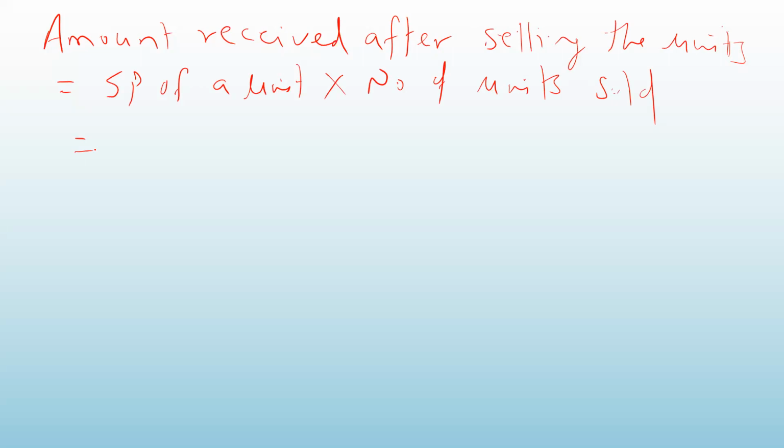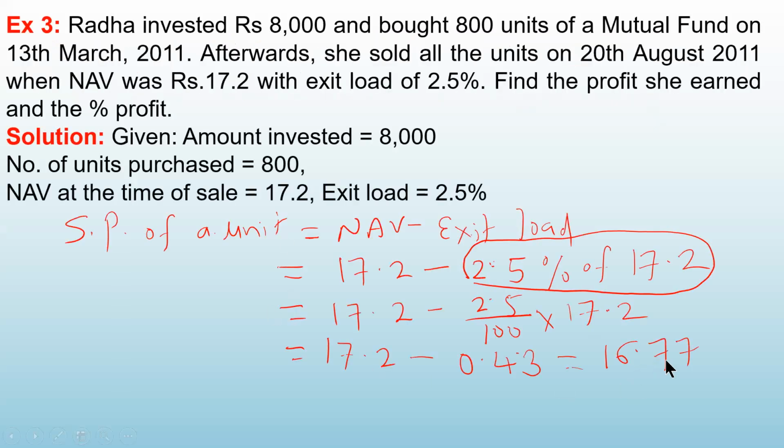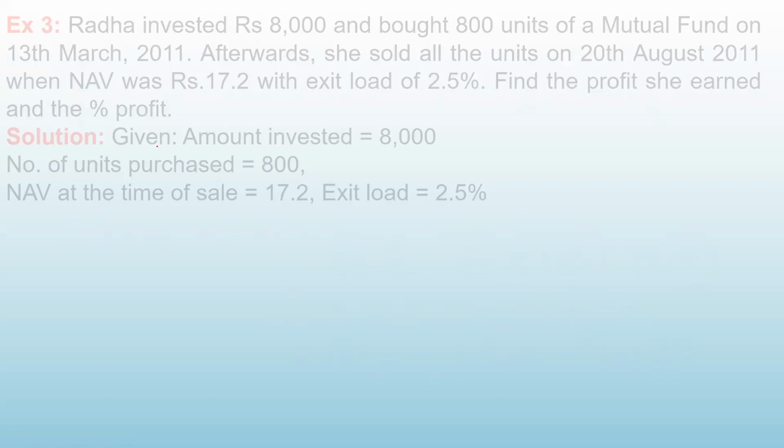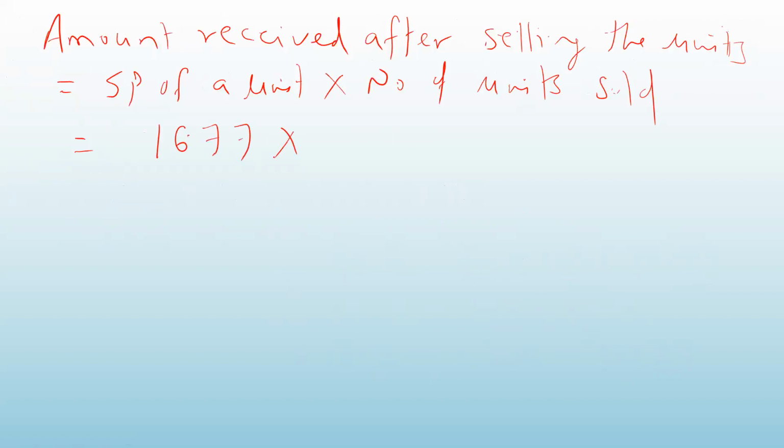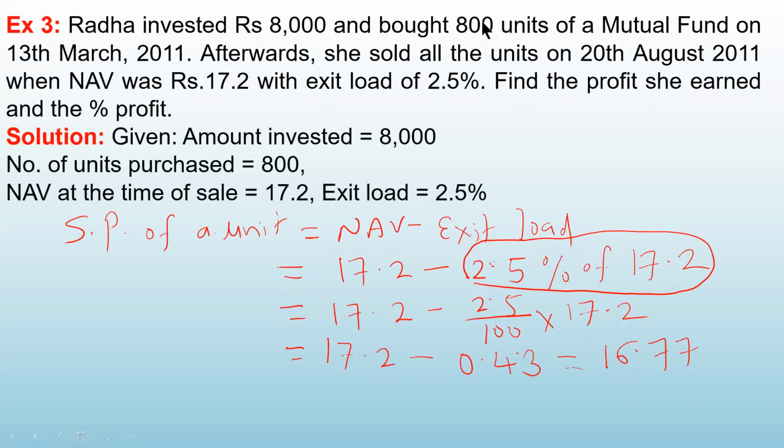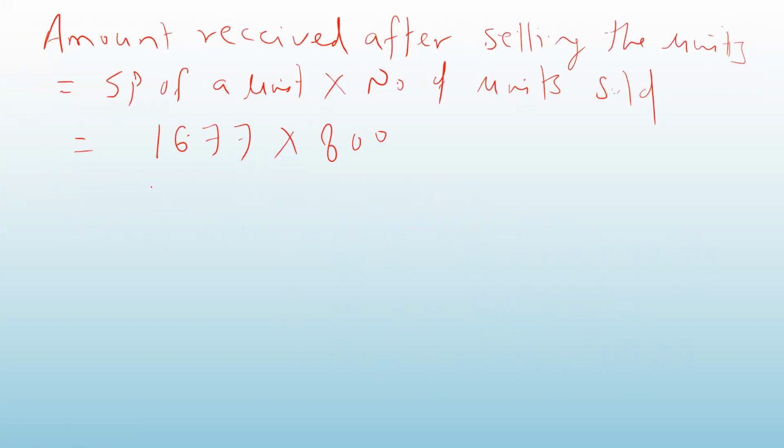Correct? So what is the selling price of 1 unit we got here? 16.77. And how many units were sold? 800. How much is 16.77 multiplied by 800? That is 13,416. This is the amount received after she sold all 800 units.